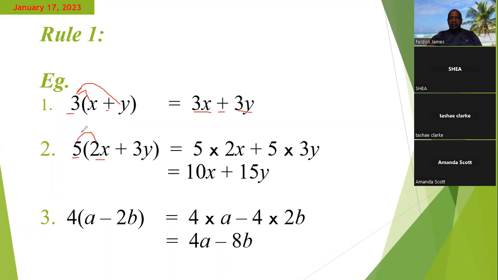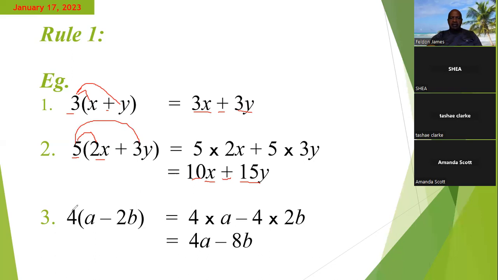So in this case, we would say 5 times 2 gives you 10, and we just group back the x with it, right? So that gives you 10x. Now we keep the sign in the brackets. Now we say 5 times 3, we get 15, and group the y with it, then we get 15y.